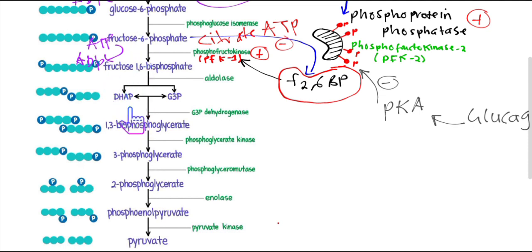Glyceraldehyde 3-phosphate can be used in glycolysis, but we don't have enzymes that can break down dihydroxyacetone 3-phosphate. So dihydroxyacetone 3-phosphate will have no other choice apart from being converted to glyceraldehyde 3-phosphate. But glyceraldehyde 3-phosphate can also be converted back to that.